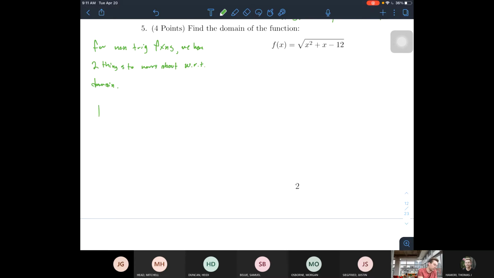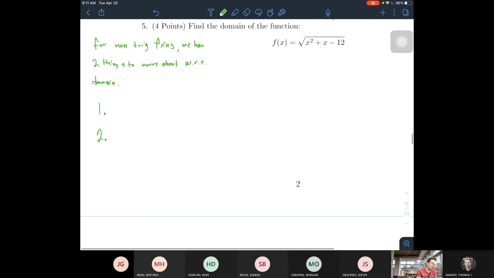Can someone tell me what the two things are that we need to worry about when we're thinking about the domain of a function like this, or a rational function, or a polynomial, where we have powers of x and maybe some square roots and fractions? What do we need to worry about regarding the domain of a function if it's not specified?